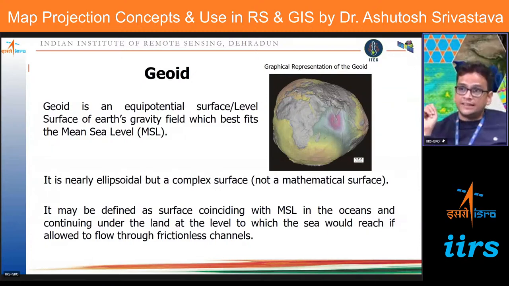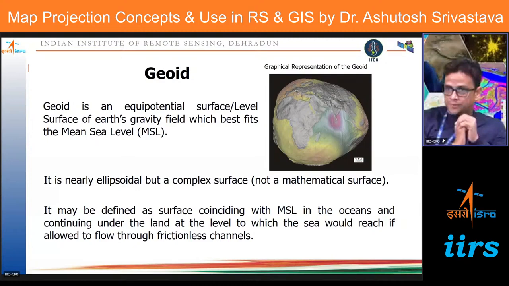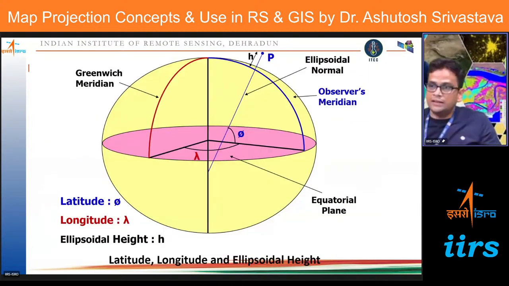Now the next thing comes to the geoid. The geoid is an equipotential surface of the Earth's gravity field which best fits the mean sea level. Now, next I'll show you how, on this ellipsoid, we derive latitude and longitude.